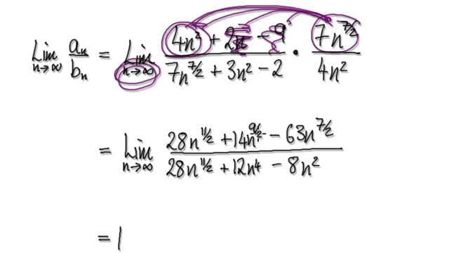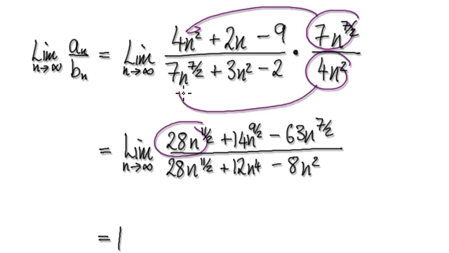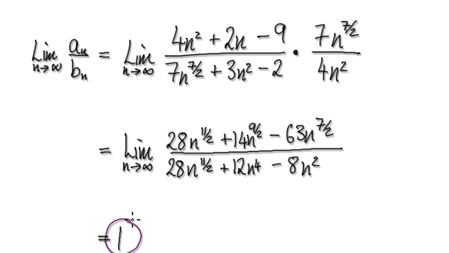We can forget about this. So don't bother doing this. Just look at the dominant terms. So this times this will then give you this. This times this will then give you this. Forget about these, because as n gets bigger and bigger, you can pretty much ignore these. So the limit will be 1.